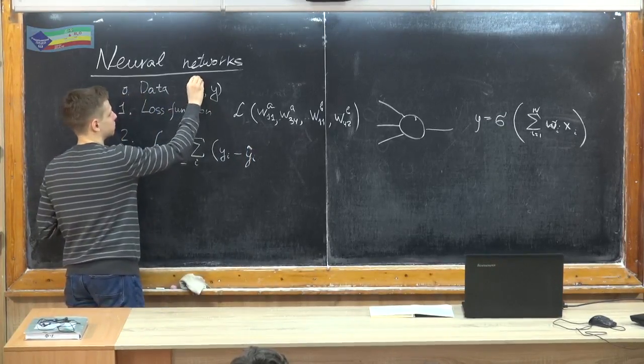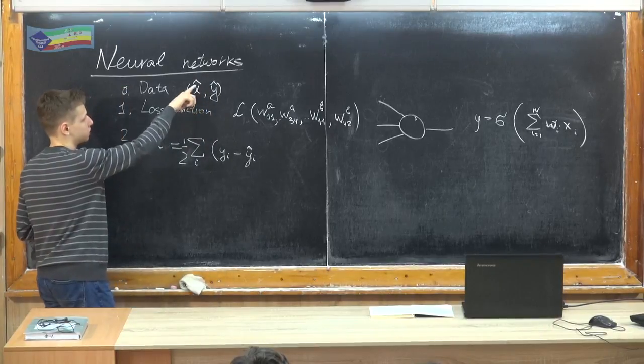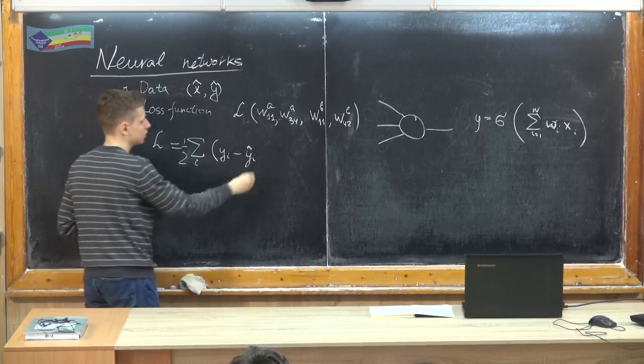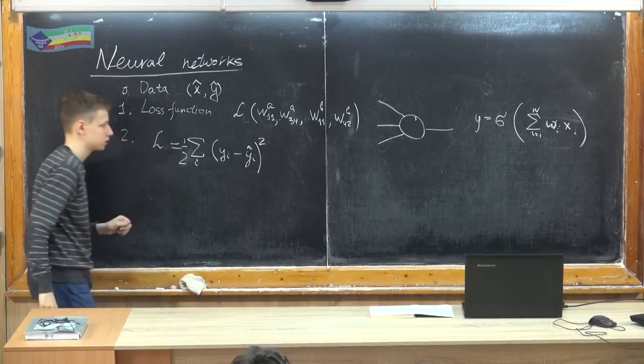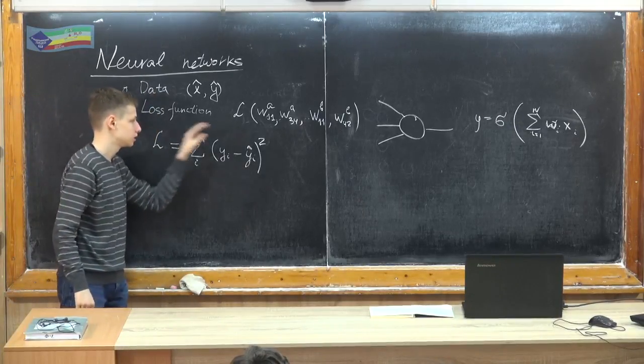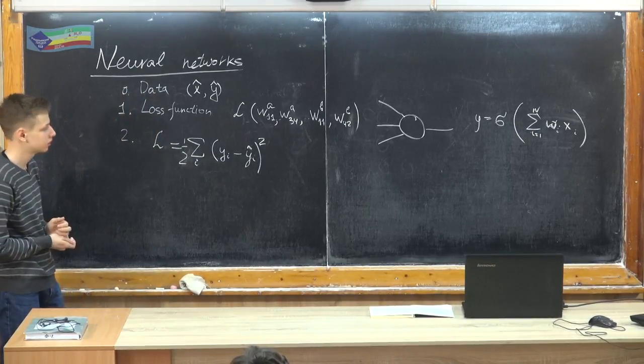We will denote data points as x with a hat and y with a hat, and in square. And this is called squared mean error.